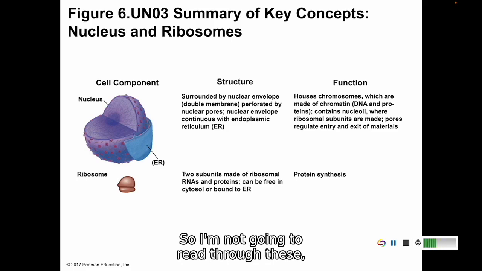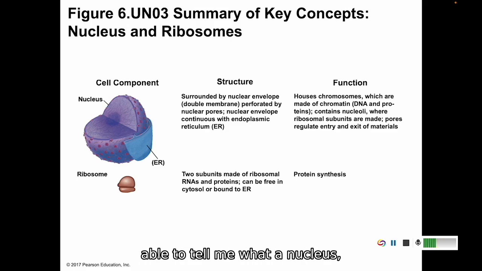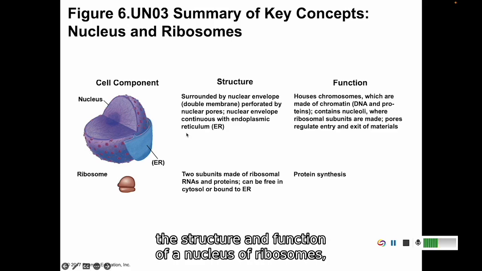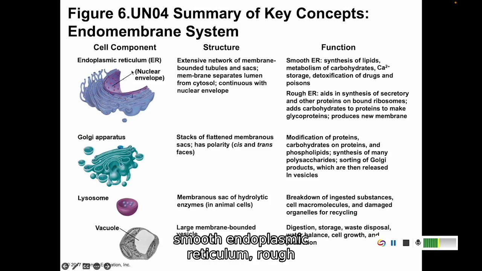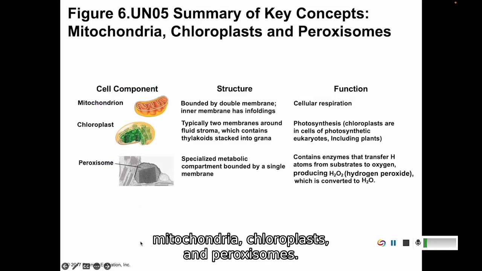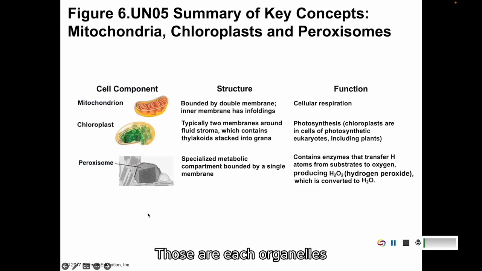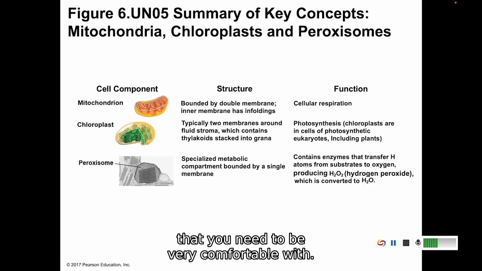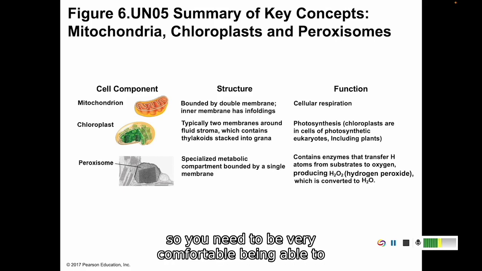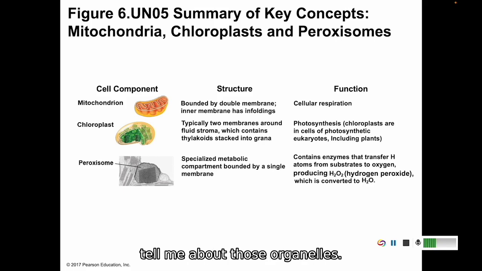So I'm not going to read through these, but please make sure you are comfortable being able to tell me the structure and function of a nucleus, ribosomes, smooth endoplasmic reticulum, rough endoplasmic reticulum, Golgi apparatus, lysosomes, vacuoles, mitochondria, chloroplasts, and peroxisomes. Those are each organelles that you need to be very comfortable with. This is a very important chapter, so you need to be very comfortable being able to tell me about those organelles.